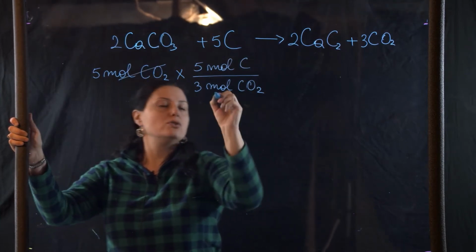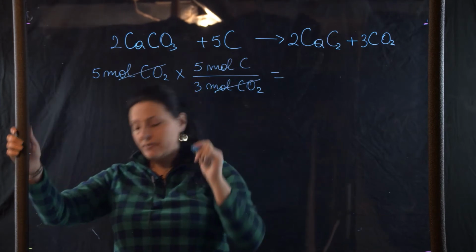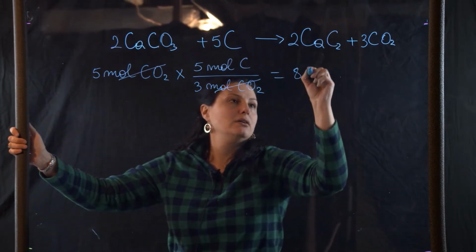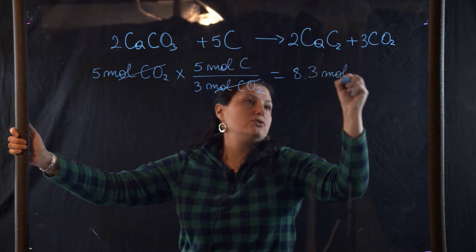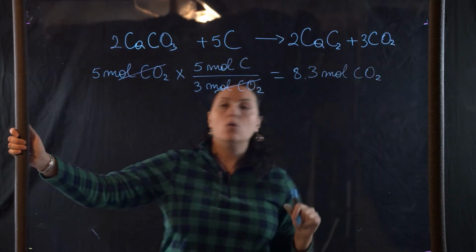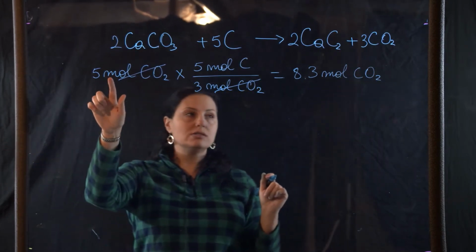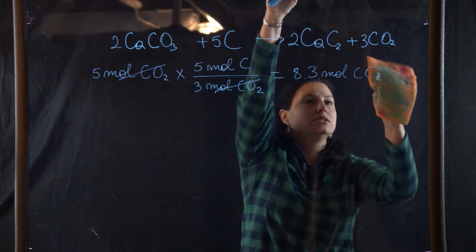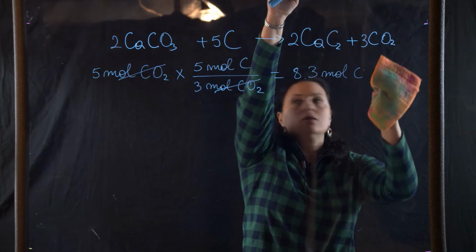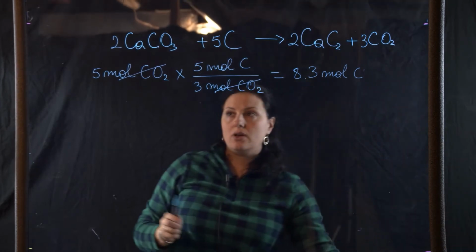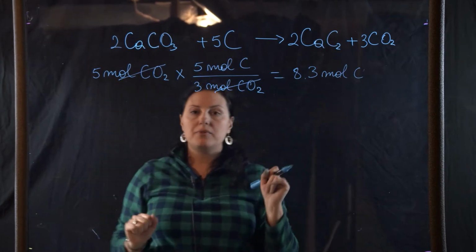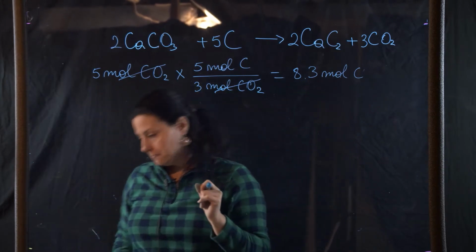My moles of CO2 will cancel out, and if I do this math, I'll get 8.3 moles of C. One step, once again. I had moles of CO2 and I wanted moles of carbon. One step. I'm good with this problem.